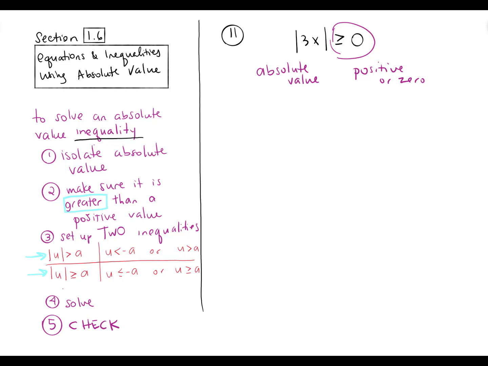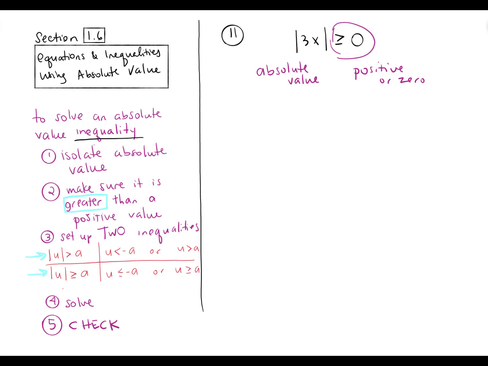Is my absolute value positive? Well, yes. When is it positive? All the time. When is it 0? Well, not all the time, but we have it's either positive or 0 all the time. Our absolute values can never be negative, but they can be positive and they can be 0. So when can this be positive or 0? Pretty much all the time.